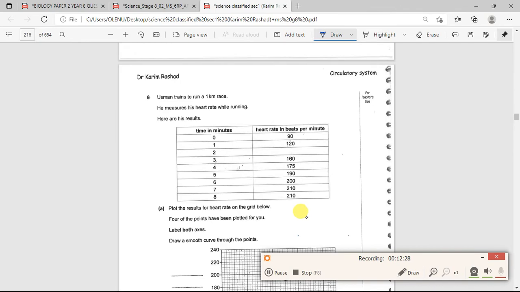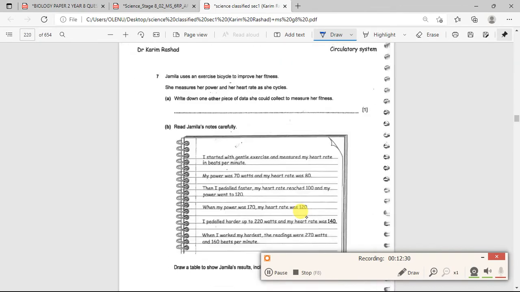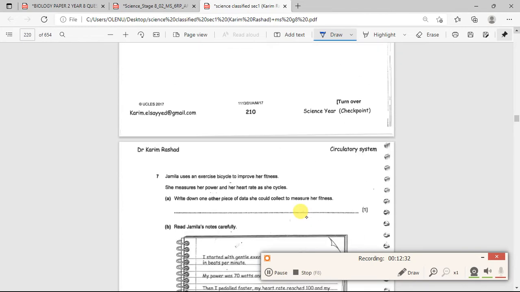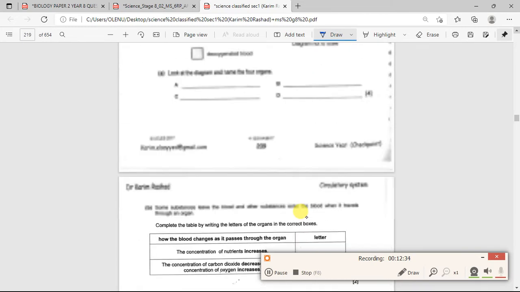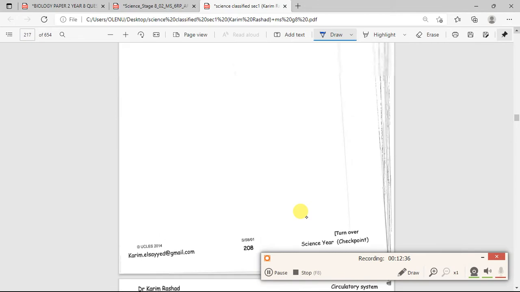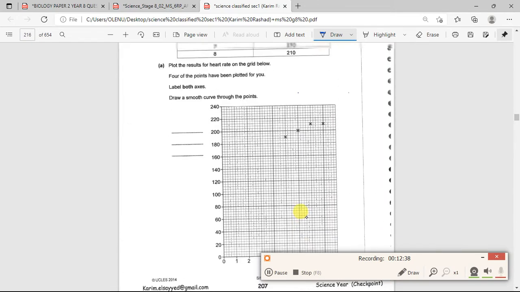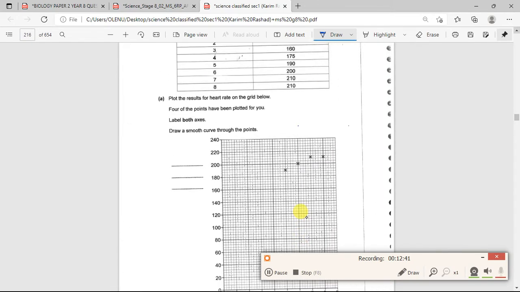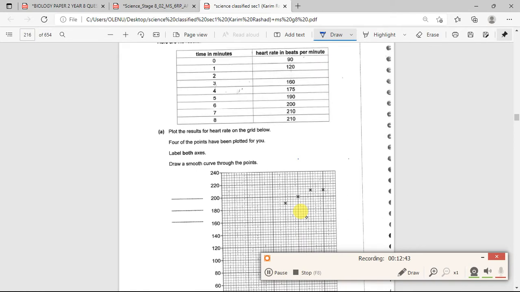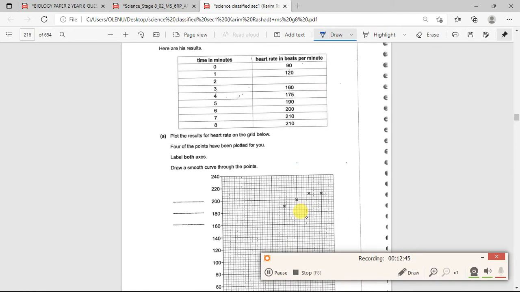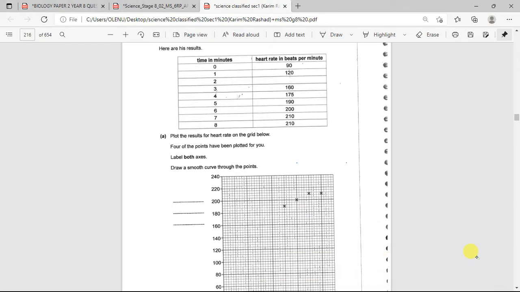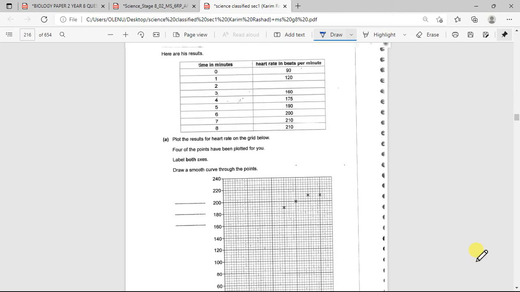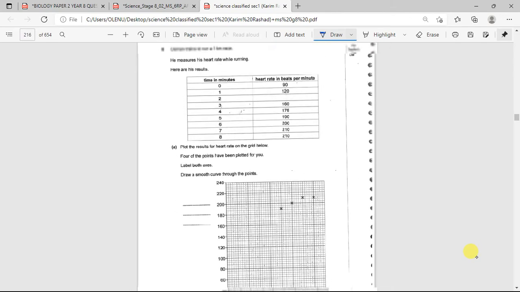So the X axis will be time in minutes, because this value here always represents your X axis.